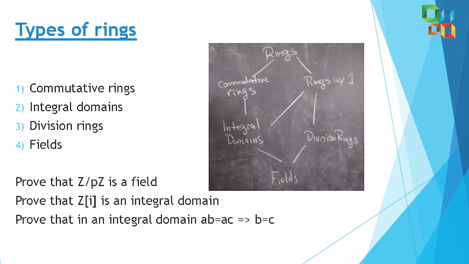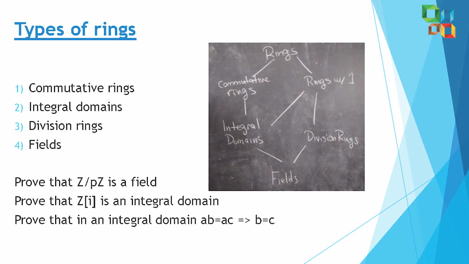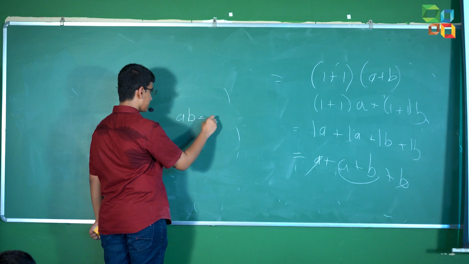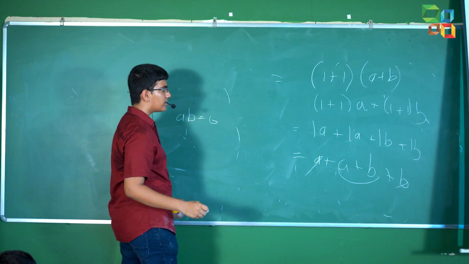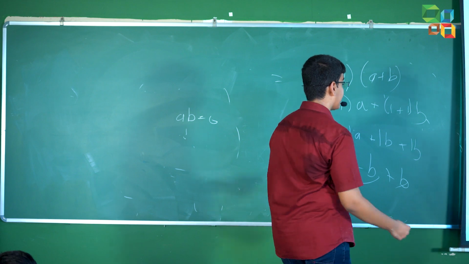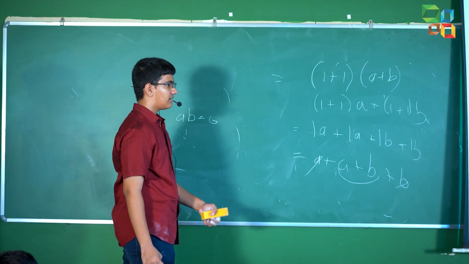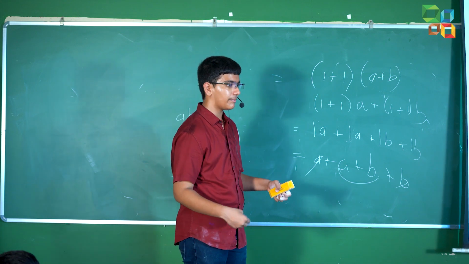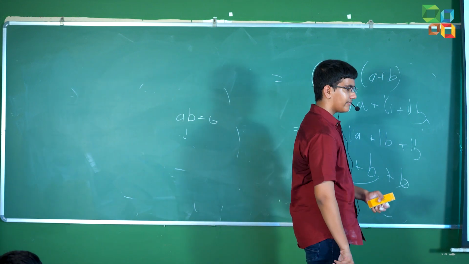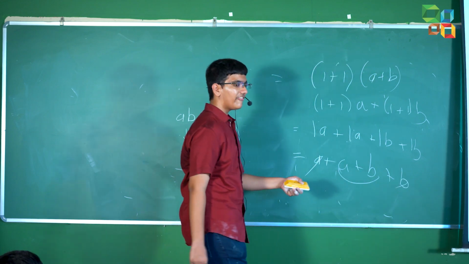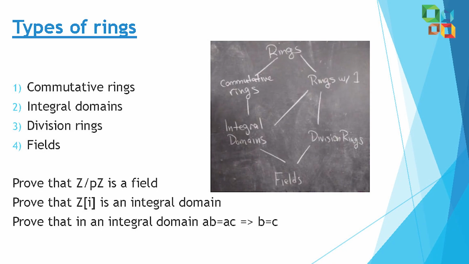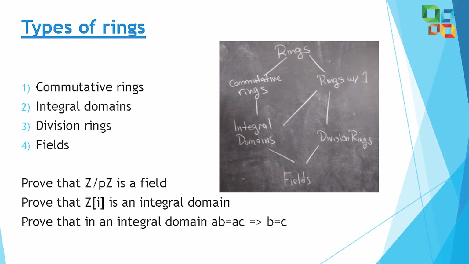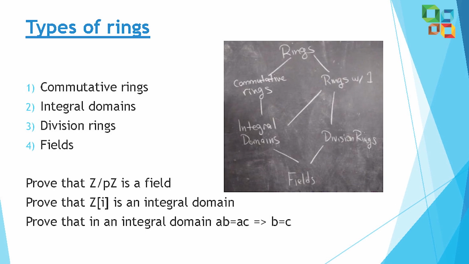As we saw, there were some examples where that was not true. So AB equals 0 means A is 0 or B is 0 in integral domains. Then we have something called division rings, wherein every non-zero number has a multiplicative inverse. We saw several examples. Then we have fields, where it's an integral domain, as you can see in that chart, but it's also a division ring.